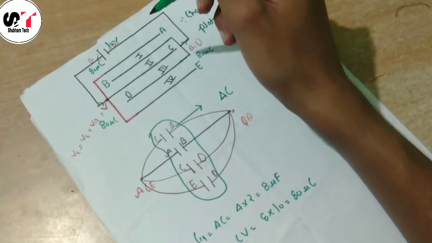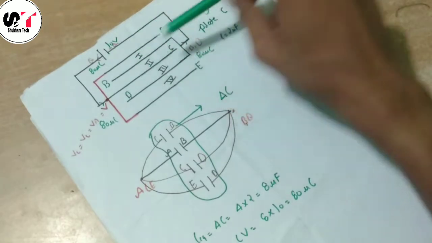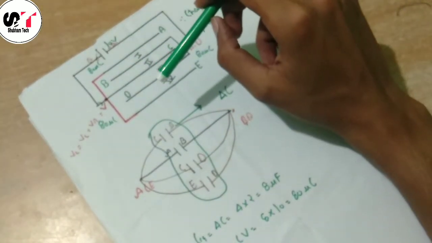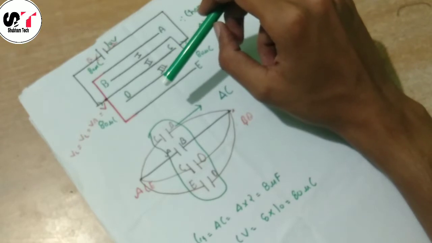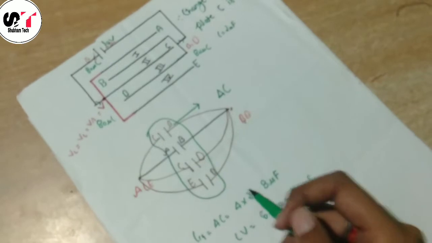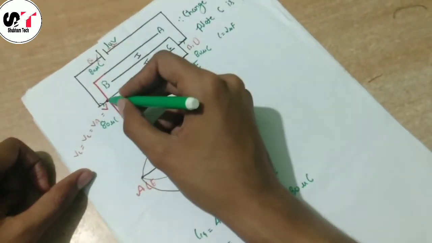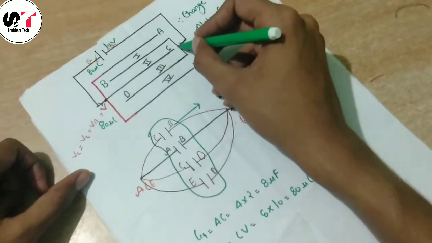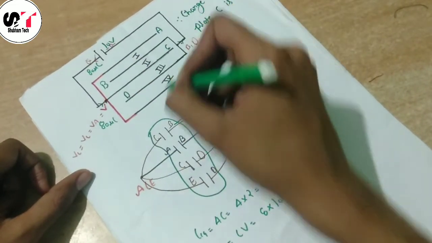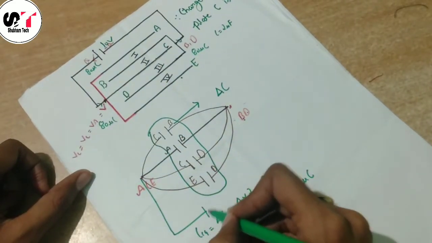So whatever amount enters from this side must leave from this side to fulfill the KVL rule. So we can say A point and B point, D point and ACE point are connected to the 10 volt battery, in this way.